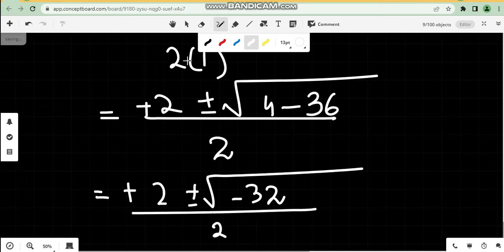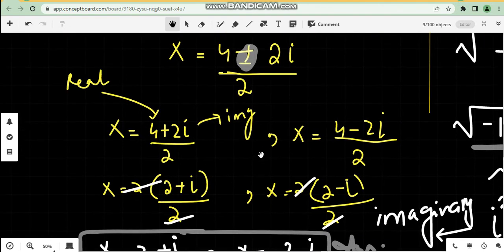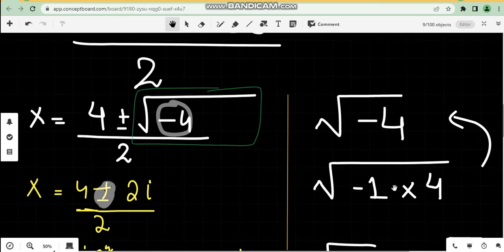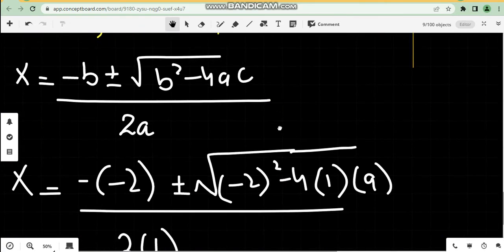Now as we have done in the previous question, when an imaginary part comes, like negative 1 coming inside the root, we simplify it separately by breaking it into negative 1 times that number. Same thing we will do in this question.